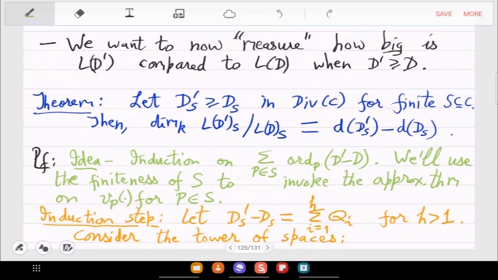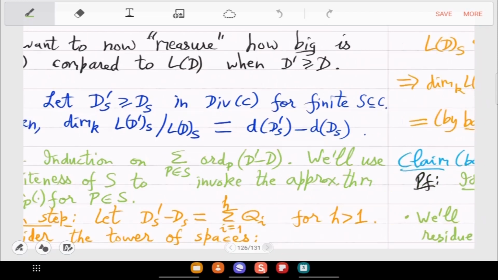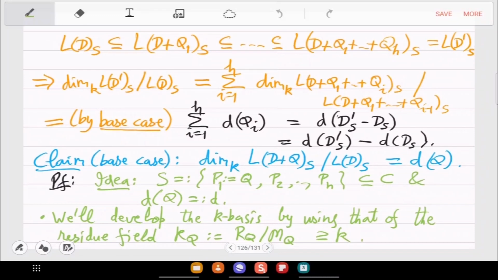In the theorem, the way we are looking at this DS prime minus DS, these Qis that we are looking at are all in S. So Q1, Q2, everything is in S. So in the claim, the point Q that has been added is in S, so we call that P1.